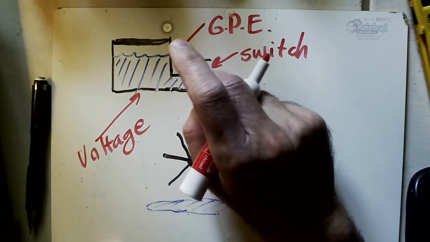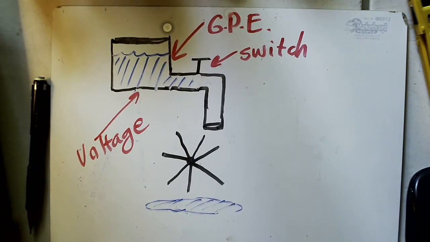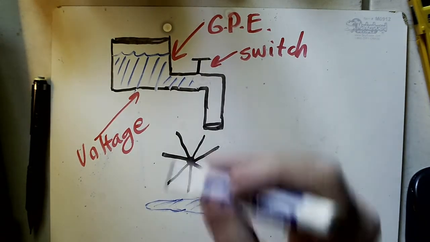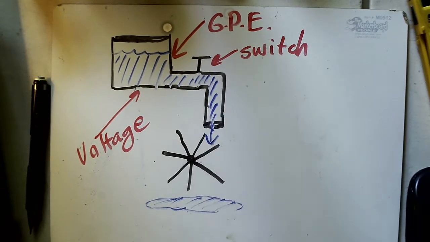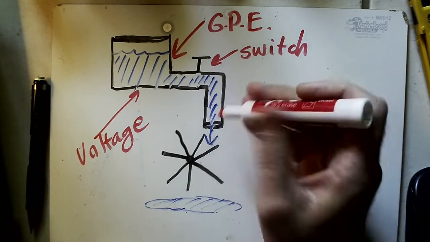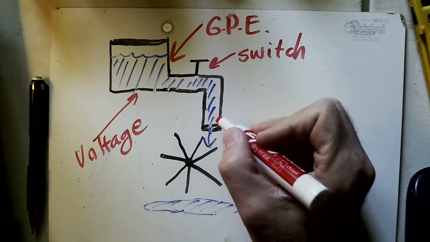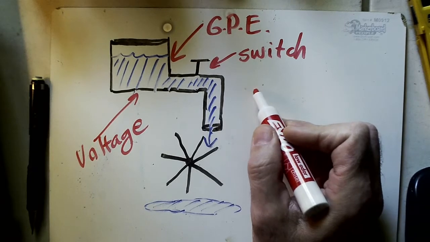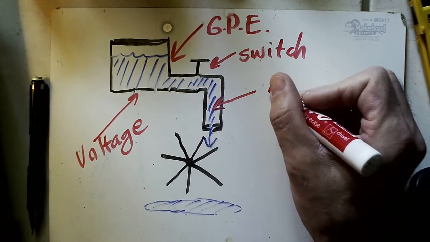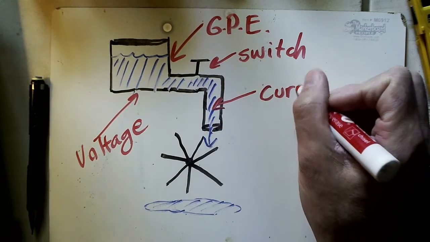So when I open this valve, I would be opening the switch, and this water would start to move and go down toward the wheel. This flow of water, or in this case electrons, if we're talking about electricity, would be called the current, the electric current.